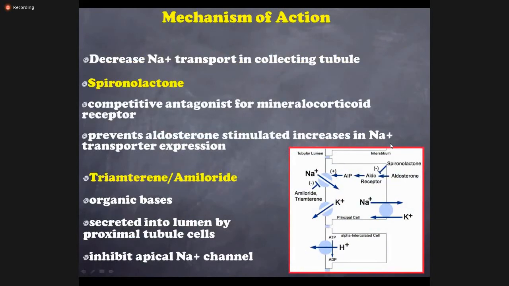Okay, mechanism of action of this potassium sparing diuretic: it decreases sodium transport in the collecting tubule. This mechanism we have already discussed. The prototype drug of this group is spironolactone, which competitively antagonizes the mineralocorticoid receptor.